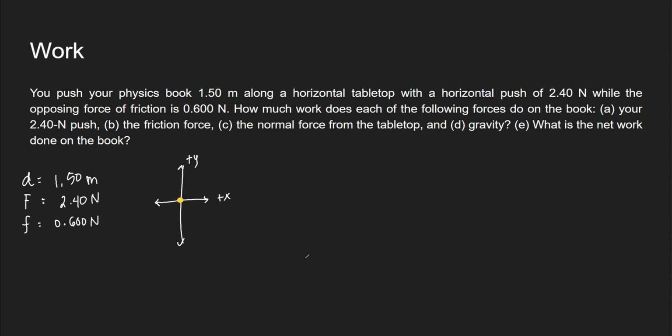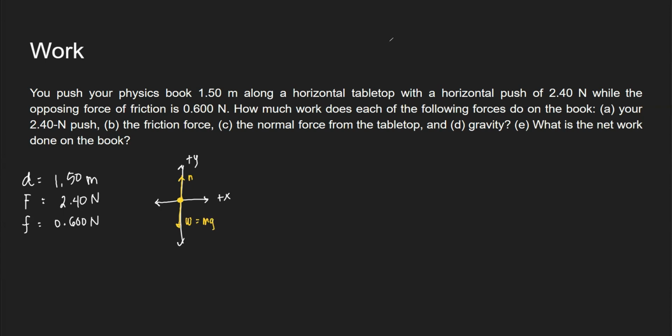We know that the normal force is always perpendicular to our surface. Since our surface is just a simple plane, this is our table, and our normal force would look like this. Weight, considering gravity, would just point downwards.